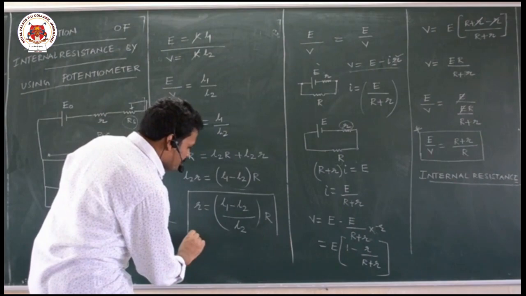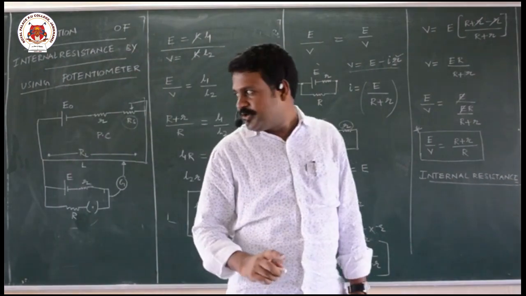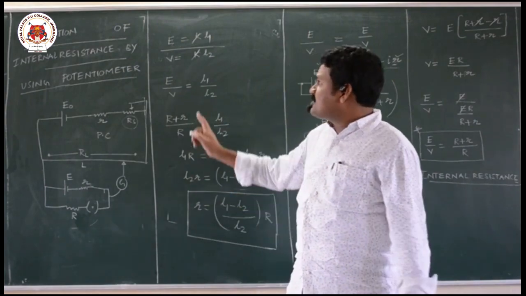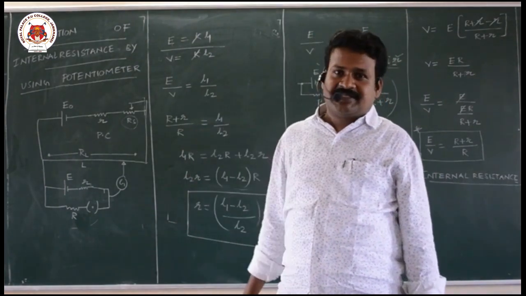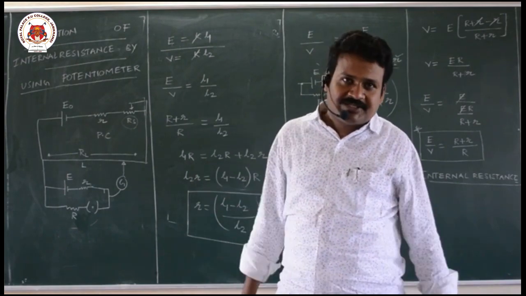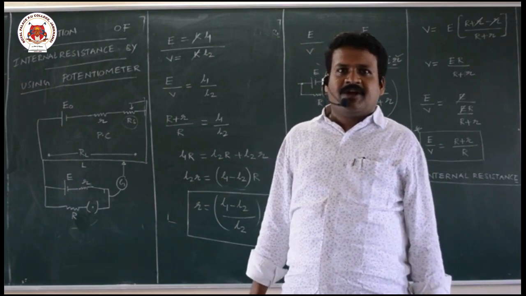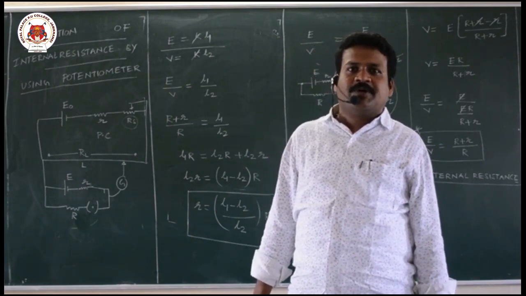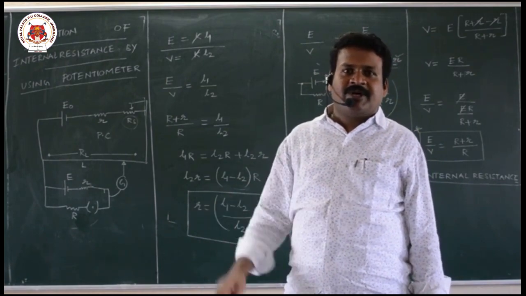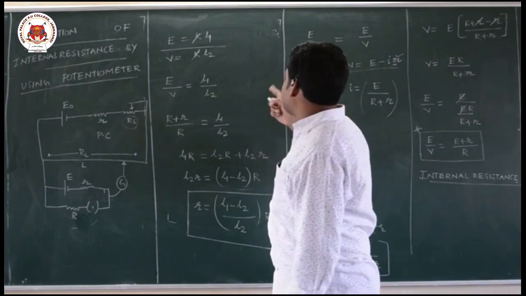So by using potentiometer we can compare the cells. What we have done by using potentiometer? First, by using potentiometer we can find EMF of the cell. Second thing is we can compare the cells. How to find EMF of the cell we have done already. That is E naught by small r plus capital R, capital RS plus RL into L by RL by L into small r. L1 you will get. So already we have done that.